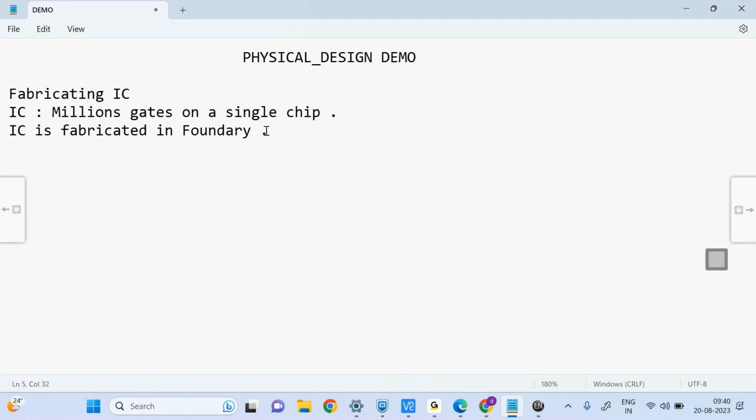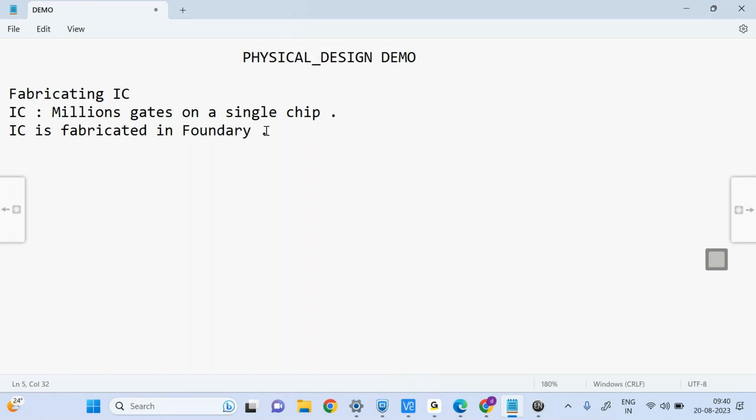Because you want to fabricate an IC, you have to do processes like masking, etching, removing the oxide layer, ion implantation, diffusion. So there you need more chemical knowledge rather than electronics knowledge.